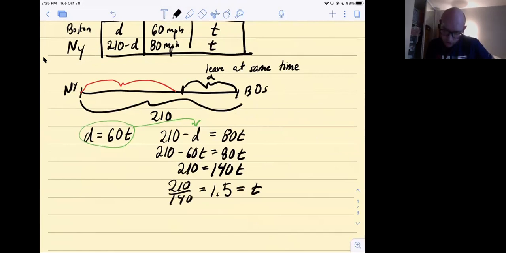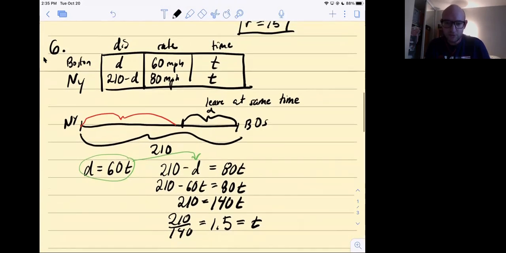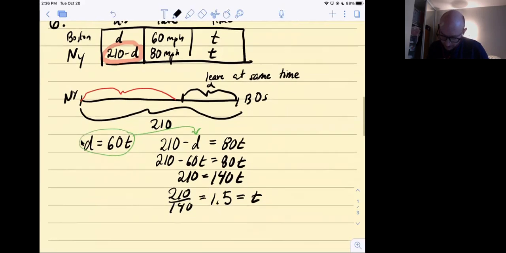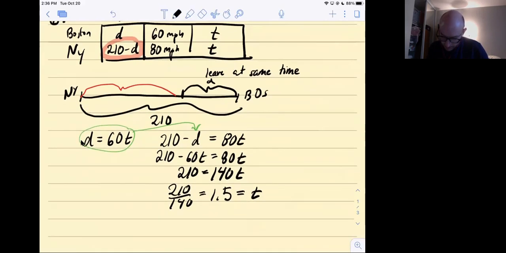And then what does the question actually ask? You have to read that part carefully. At what distance from New York do they meet? So we actually want to find this box. So if we plug back in, we can find that D is equal to 60 times 1.5.